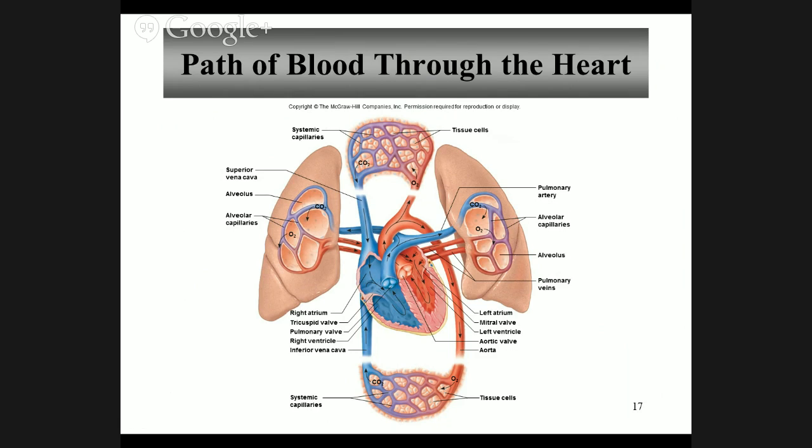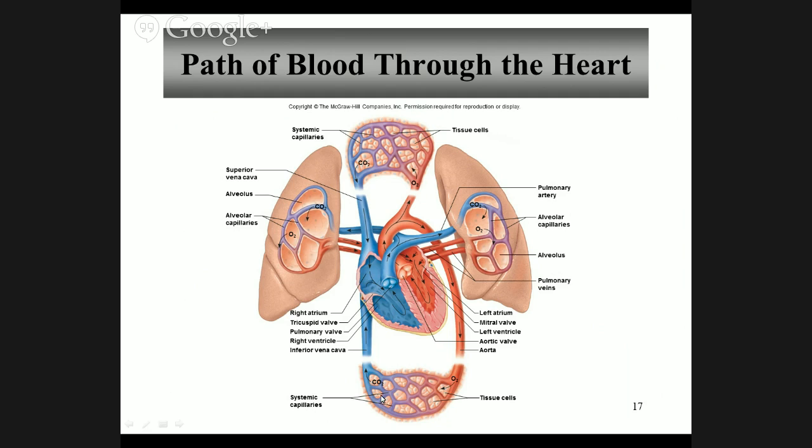CO2 is blown off, and oxygen is taken in, and now we have oxygenated blood that travels into the left atrium, goes through the mitral valve into the left ventricle, and is pumped through the aortic valve into the aortic arch, and either travels up the ascending aorta or the descending aorta.